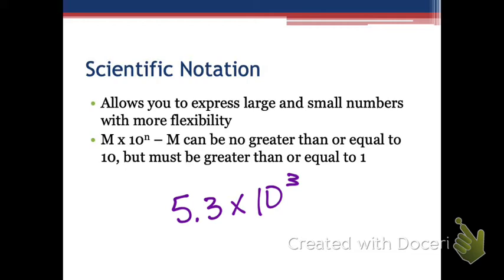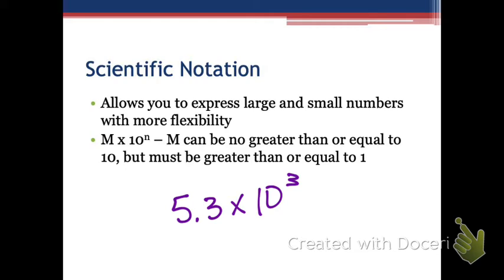Now let's dive a little bit more into what it means, right? Times 10 to the third means, is the number that I'm trying to represent bigger than 10 or is it less than 1? Is this number that I'm trying to represent here, by having a positive exponent, bigger than 10 or less than 1? Bigger than 10. It's a big number. I'm trying to represent a number that's big.